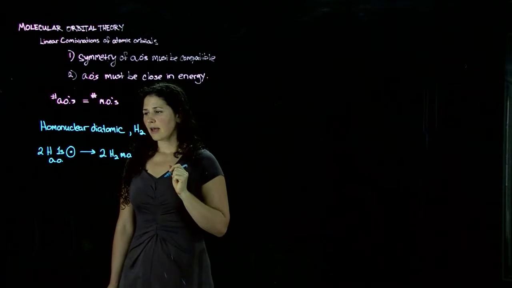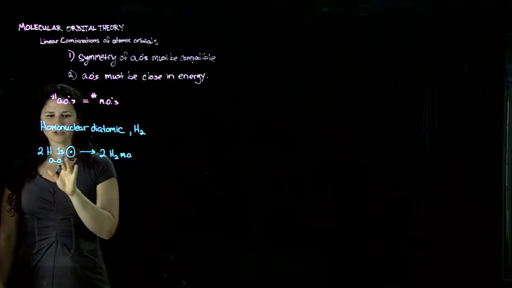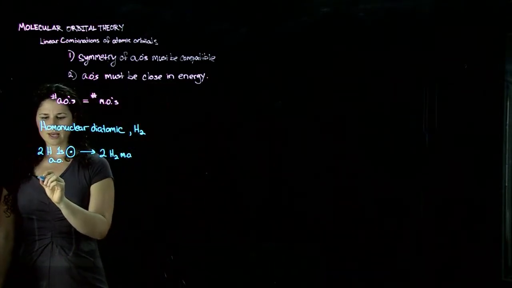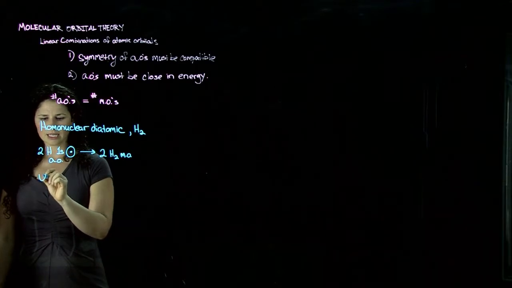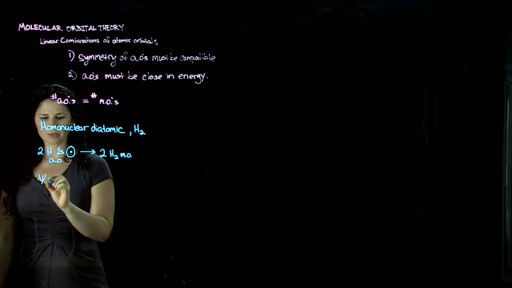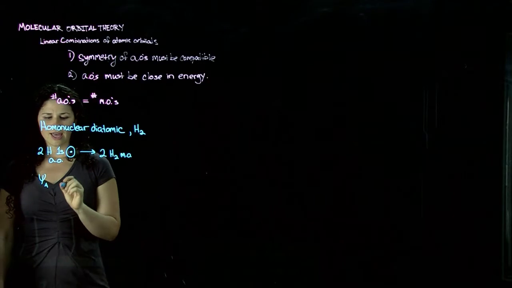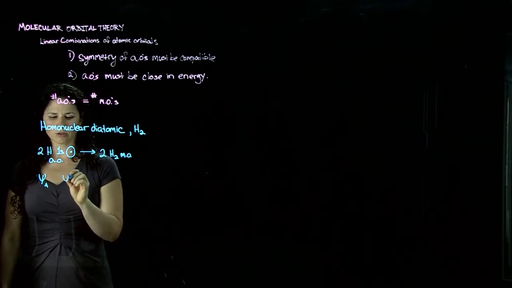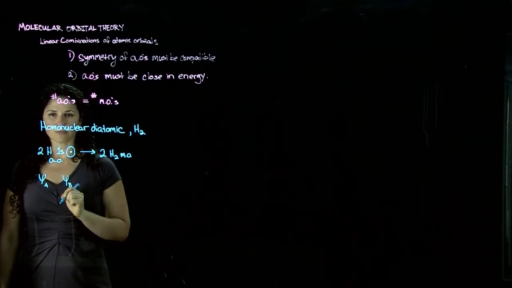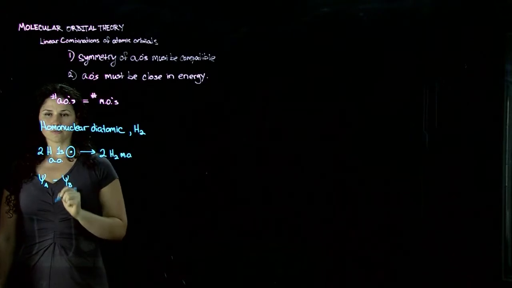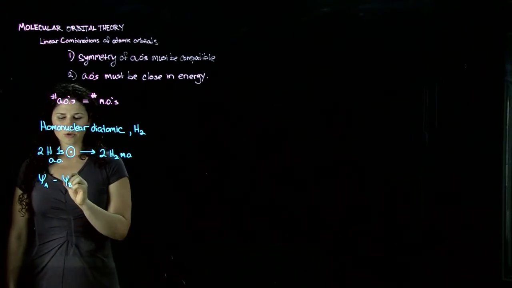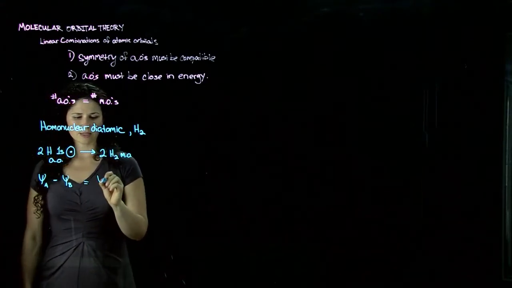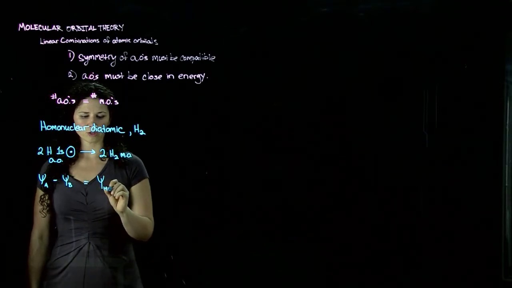So in mathematical terms, if I take two different hydrogen 1s orbitals and combine them, that means I'm taking the wave function of one, and I'm going to call the first one A, and I'm going to combine it in some way with the wave function for hydrogen B. The first thing I'm going to do is subtract. When I subtract one wave function from the other, this gives me a molecular orbital wave function.